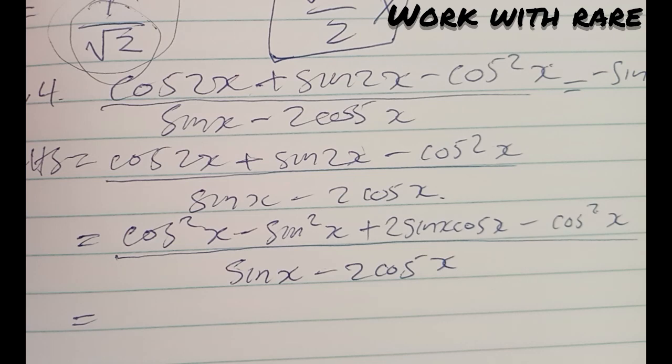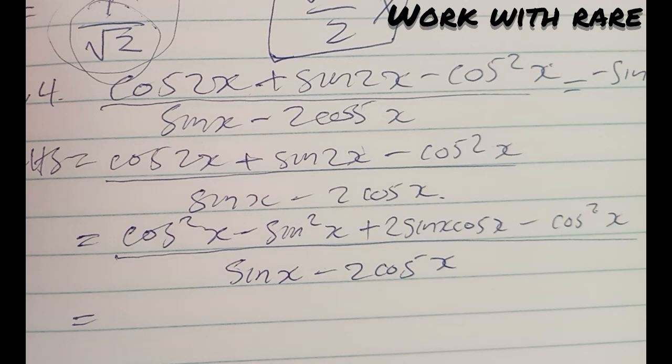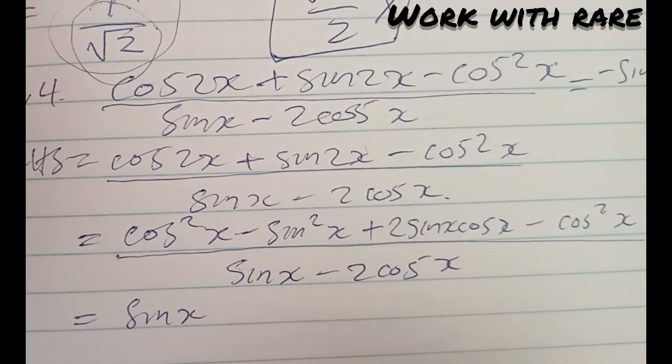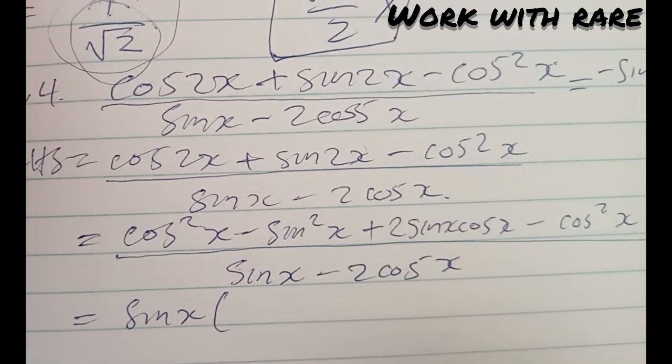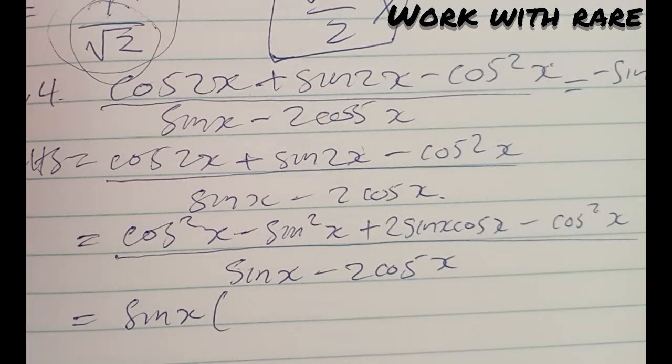So in this case, if I take out a positive sign as a common factor, my answer, let's see, let's do this. Sin x, then I open brackets. Oh, there's a step that I missed.